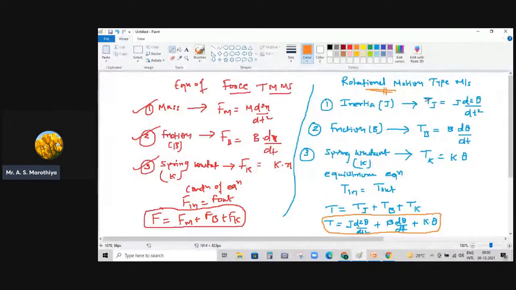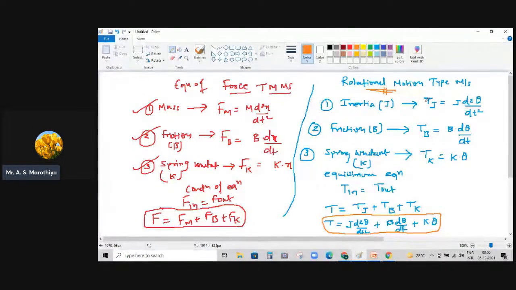The thing is that just like in case of electrical circuit we have RLC, in the same way, in case of mechanical system, maybe translatory or rotational, we have the logic of inertia followed by damping coefficient or friction coefficient, and then we have spring constant. Like in case of translatory motion, we have mass, friction, and spring constant.